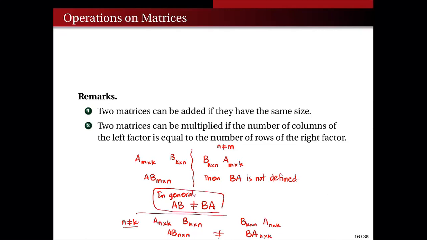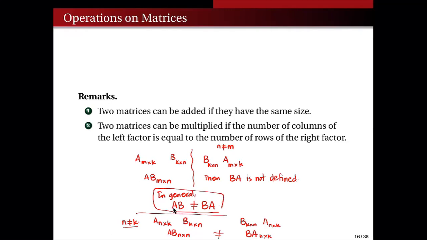Of course, there will be cases where AB equals BA. There are some sets of matrices that, when you multiply them, will be the same. We will look at those matrices later in the course. But in general, AB is not necessarily equal to BA. Okay? Because maybe the product AB is defined, the product BA is not.